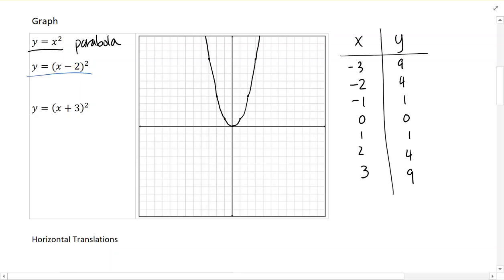So let me just write this out. In this one, you moved to the right because it's -2. So from the original, everything has moved 2 to the right. So the vertex is now here. And then again, you'll just continue your drawing like so.